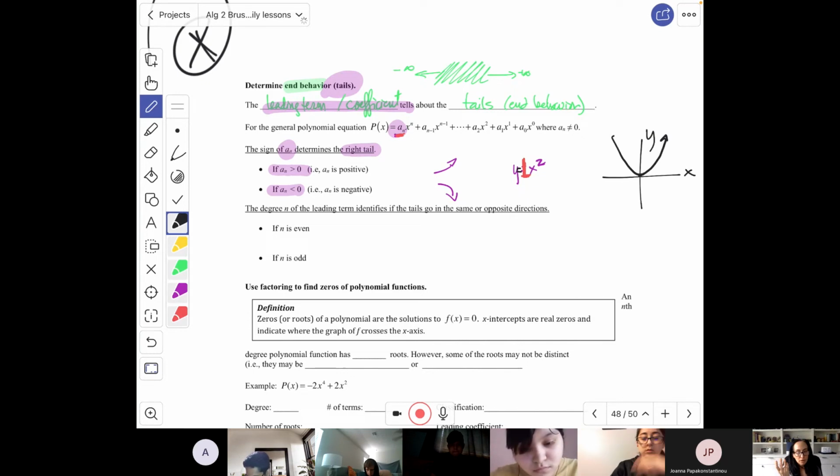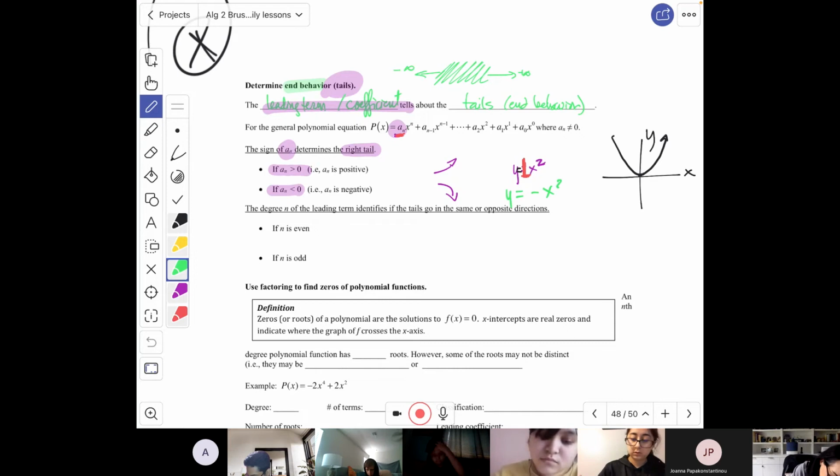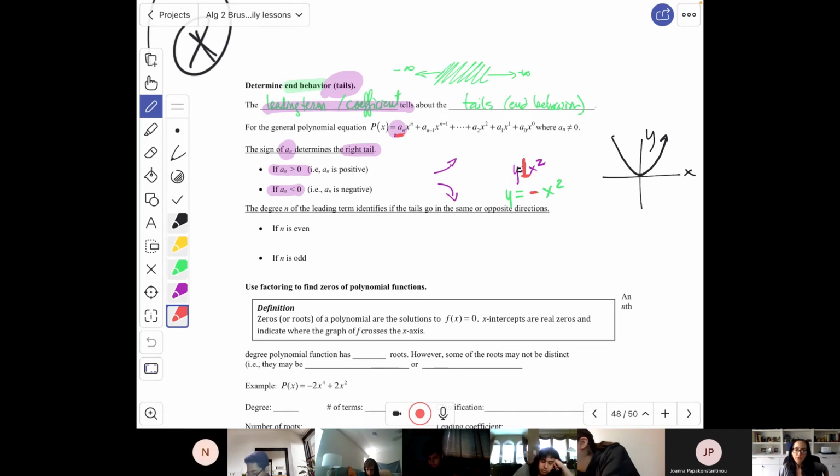Now, if I give you the equation y equals negative x squared, for starters, you should recognize that this minus sign is what type of transformation? If I take the parent function y equals x squared, by putting the minus sign out in front, what transformation are you performing on the parent function?